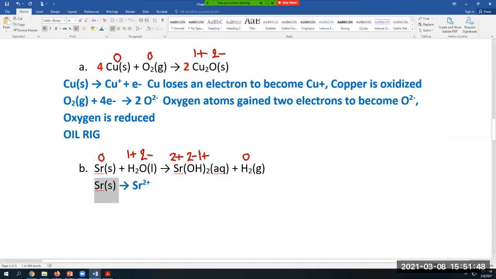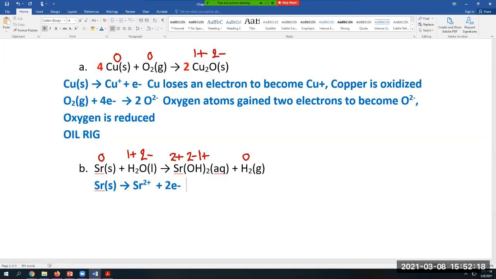So where are the electrons? You will add the electrons on the right side, because for strontium to become strontium 2+, it has lost 2 electrons. So you want to take away the electrons from the strontium and separate them from the ion. And so we need to extract 2 electrons from strontium because we have 2 positive charges.